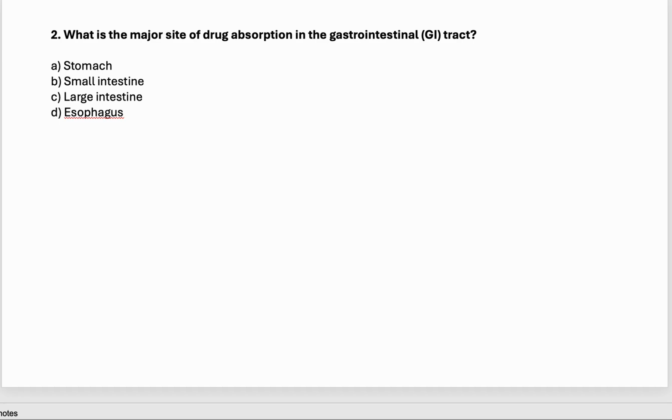Think about more surface area, where does the main absorption happen? Yeah, the large intestine is for water absorption, but you're getting there. Yeah, that's the right way of thinking. But think about villi and microvilli. Now, it's actually option B.